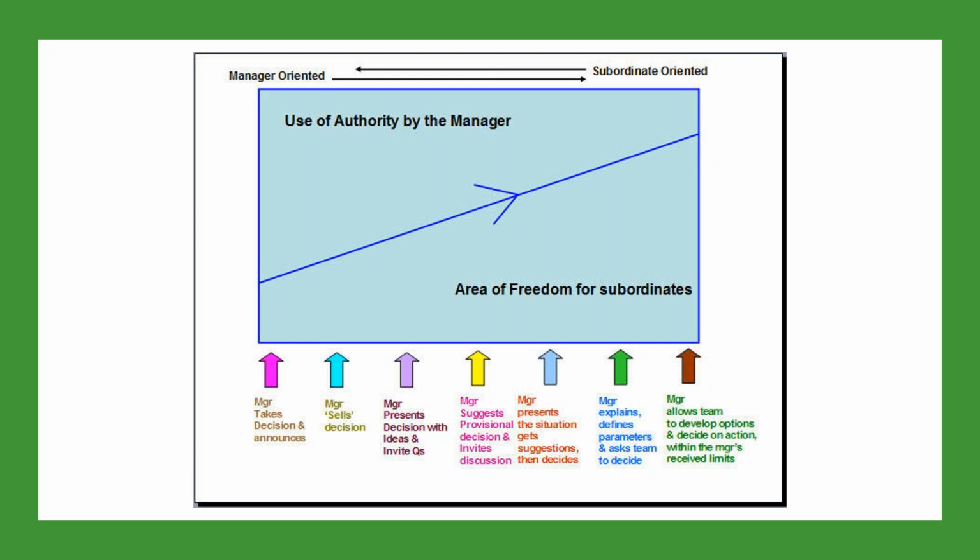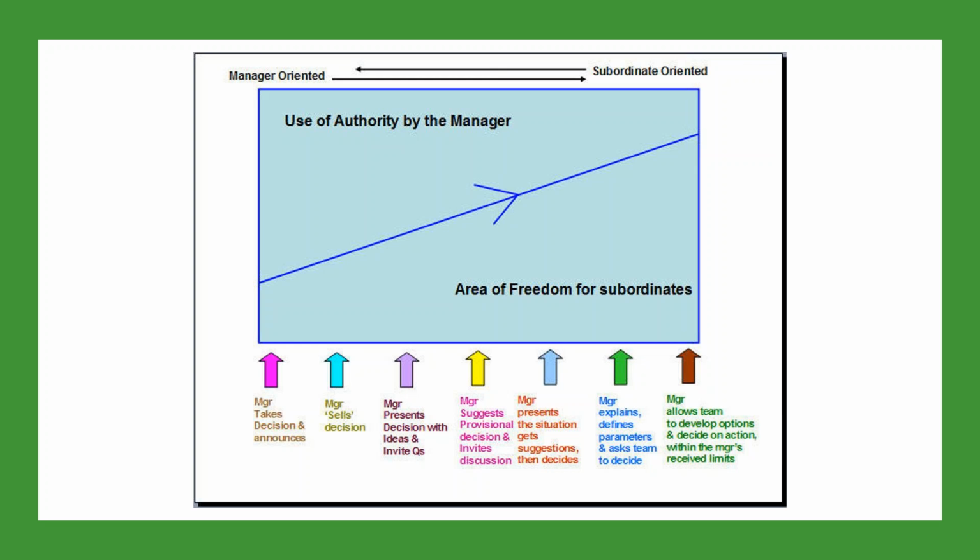Whereas over on the right-hand side, it's very much team-oriented. So as you move from left to right, the team are taking more shared ownership and responsibility for decision making. And the further you go to the left, the more the onus of responsibility for leading is left with you. So what's interesting is down the bottom, you've got a number of different positions that you can take.